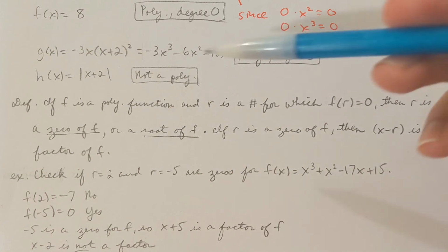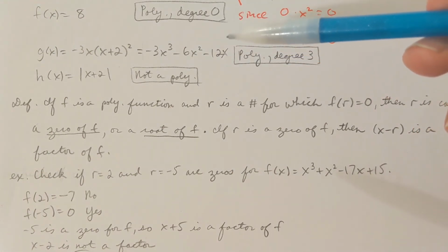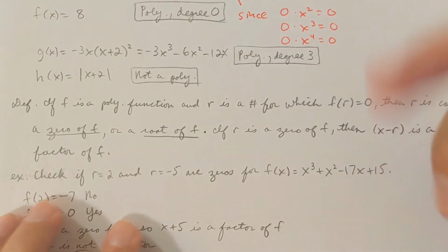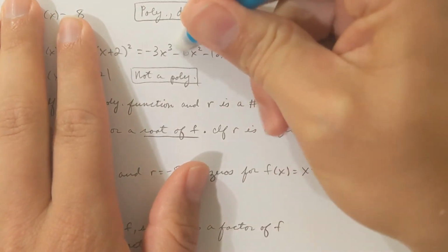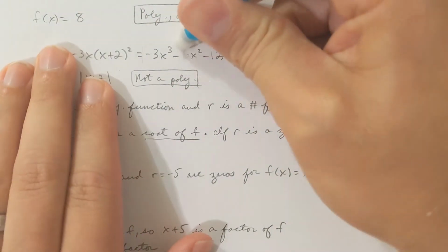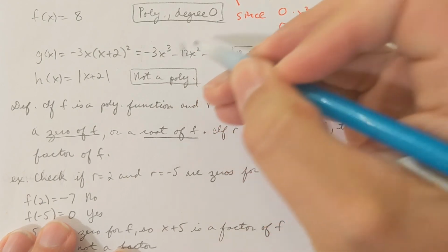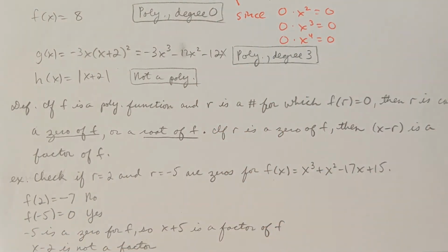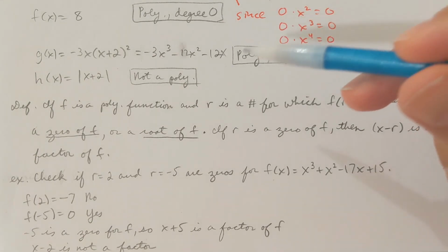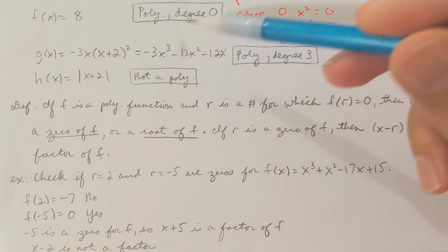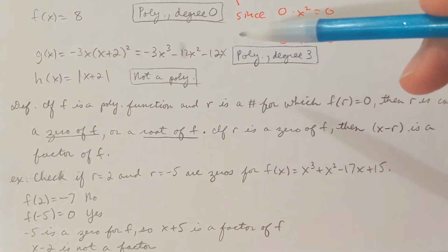When I distribute the negative 3x, I get negative 3x cubed minus 12x squared, minus 12x. Okay, minus 12x. So this is a polynomial of degree 3. 3 is the largest power of x that I see there.